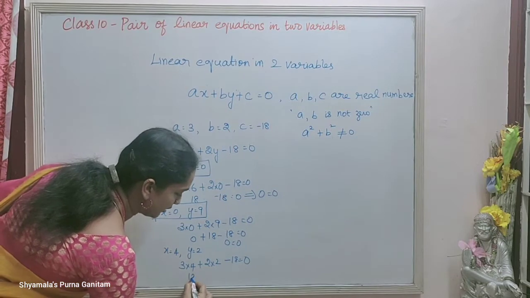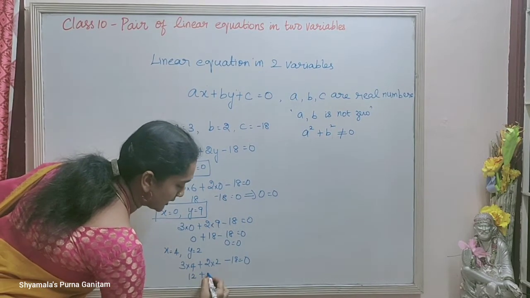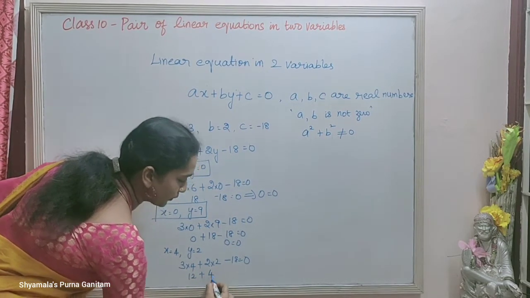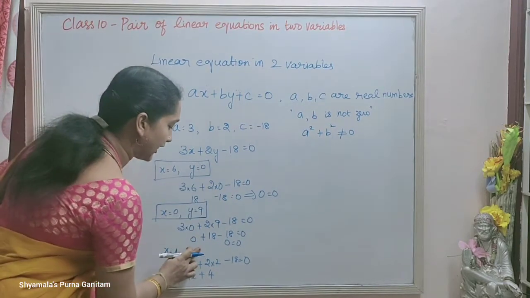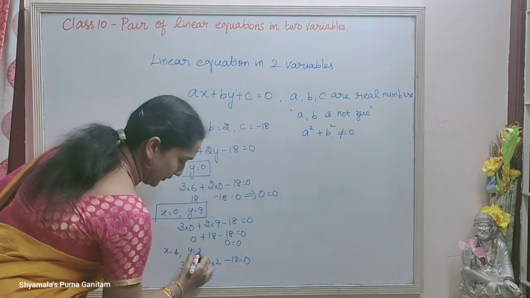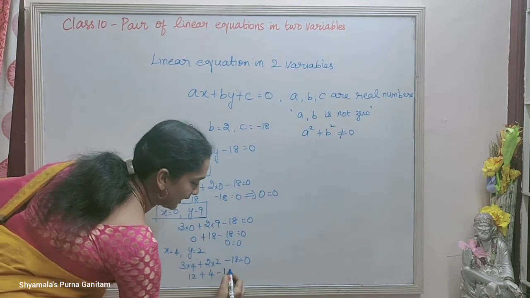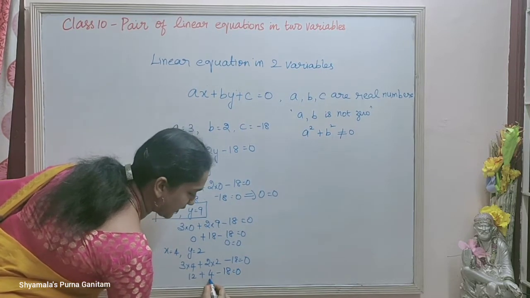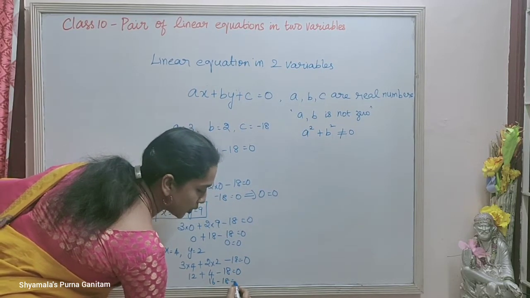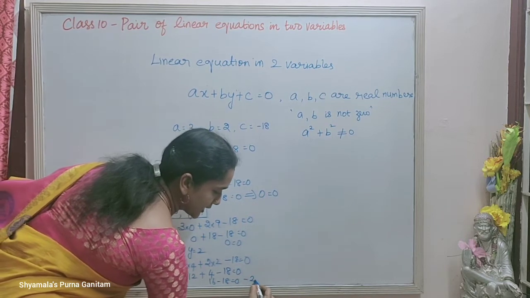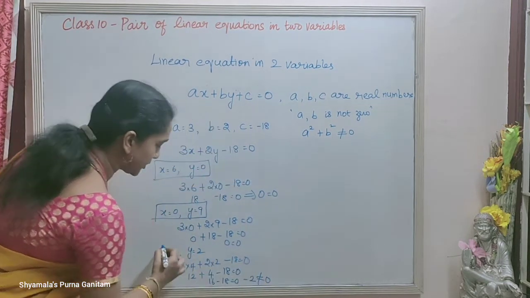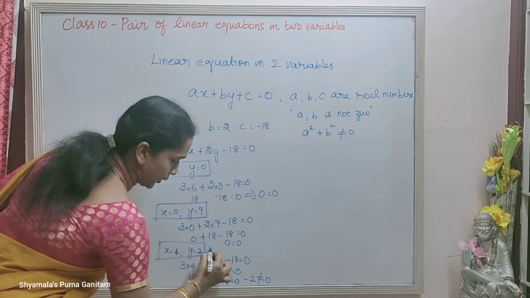So 4 3s are 12 plus 2 2s are 4. If we take y as 2, we won't be getting the solution for this. We will get minus 2, not equal to 0. So this won't be the solution.